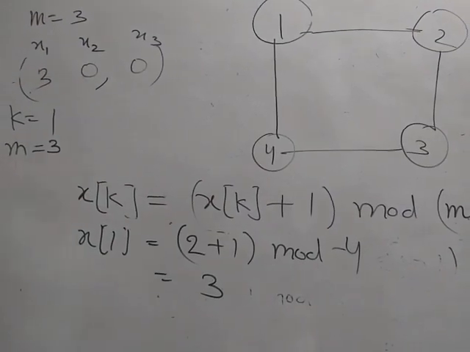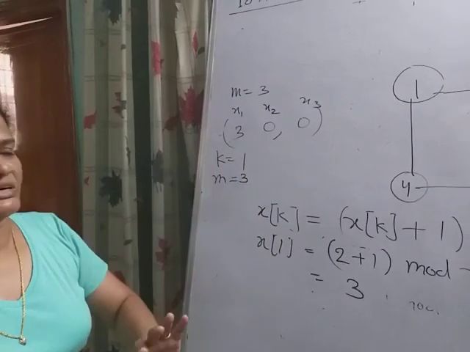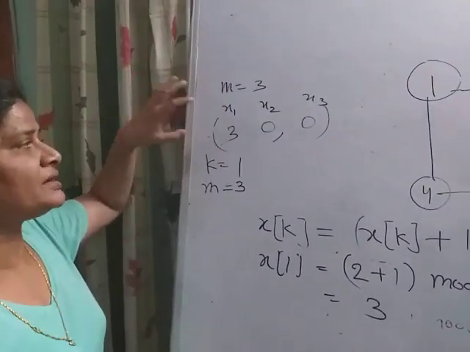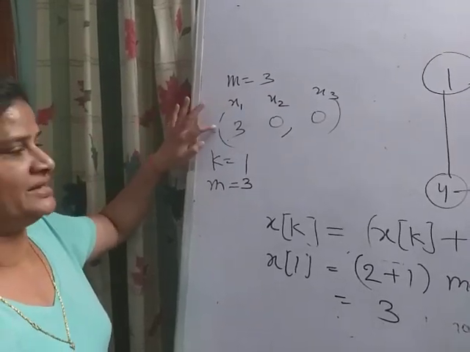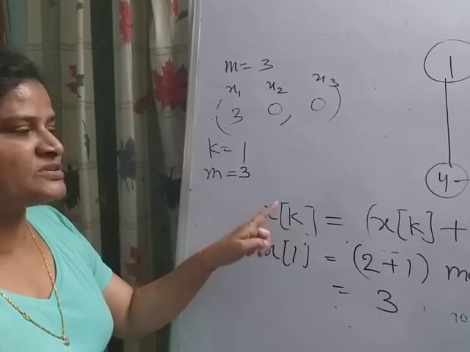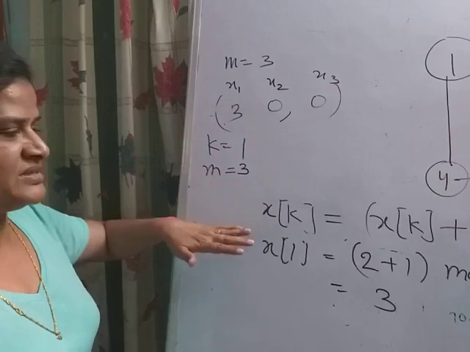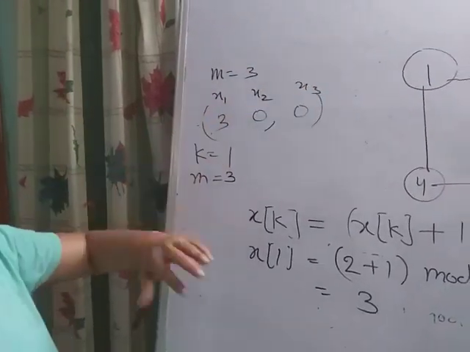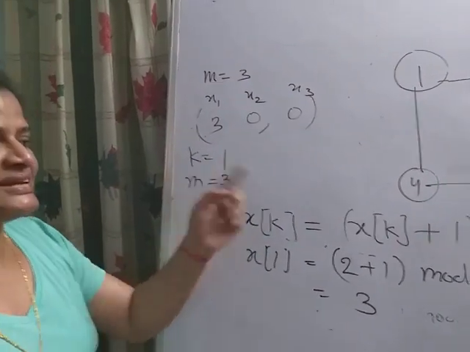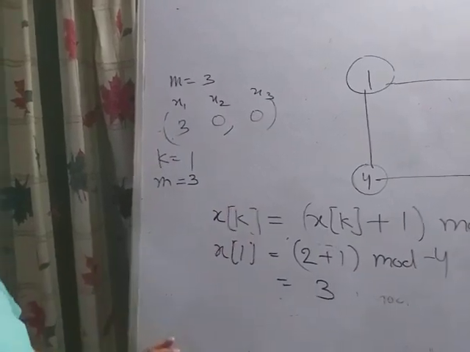Here it is not generating the color for different vertices. Actually it is generating all possible colors for a given vertex k. For the kth vertex, how many colors are possible? 1, 2, 3. First it will take 1. If 1 is not feasible, meaning its adjacent vertices are already colored with 1, then the same expression will generate the next highest numbered color, 2, and then 3.